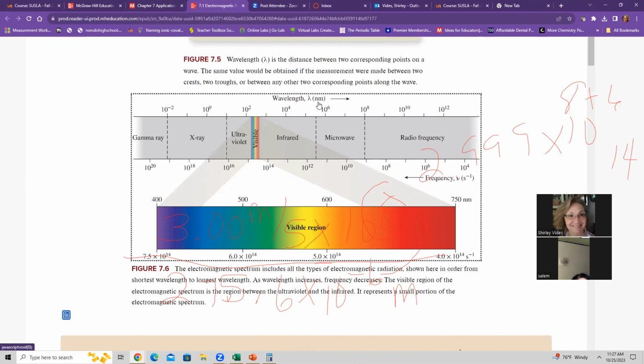No, it says in nanometers here. And the frequency is below, but that has to be in hertz. So 10 to the 16th would be ultraviolet. Yep, still. I know. 14th is infrared.